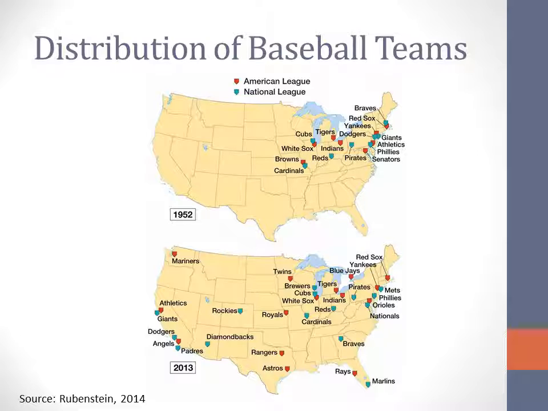If you compare this map to the dot distribution map in your handout, you'll see that the teams' locations are more consistent with how the population is now distributed. It takes a certain concentration of population to be able to support a team by being able to attend the games.